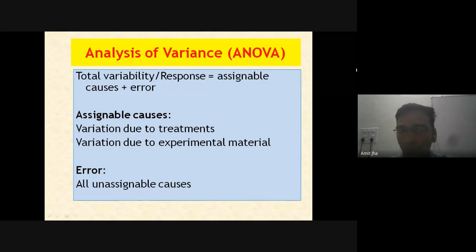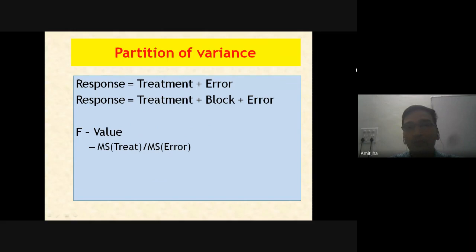The assignable cause is what we can attribute to this particular treatment. But there are also unassignable causes, because while conducting an experiment certain errors creep in, which we don't have any control over, so those are called errors. So when variation is there, the response here is the milk production, and it will be the effect of the treatment and the error also.